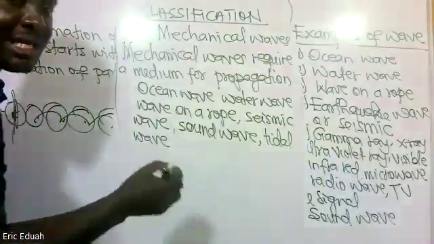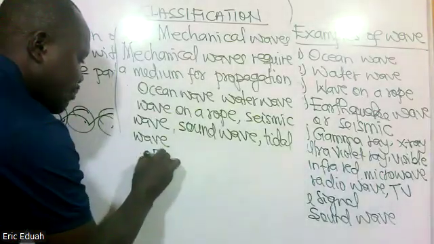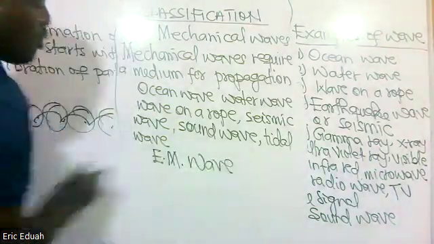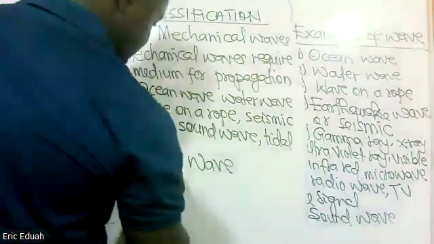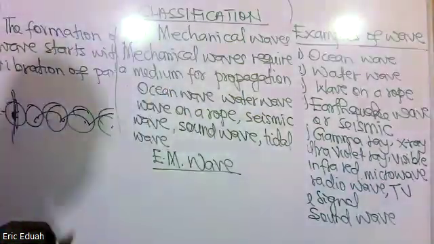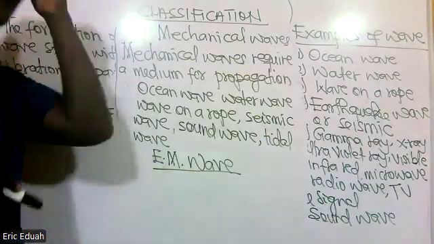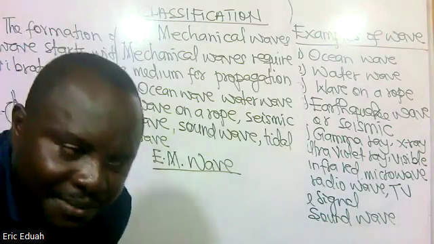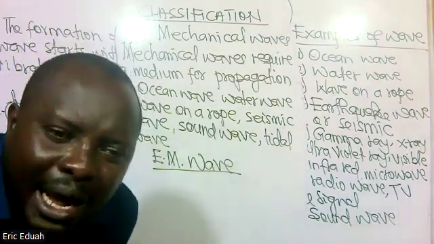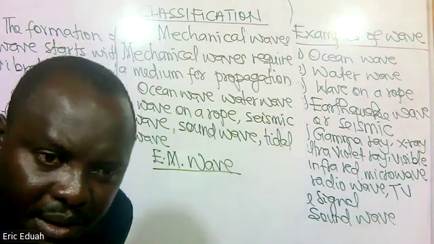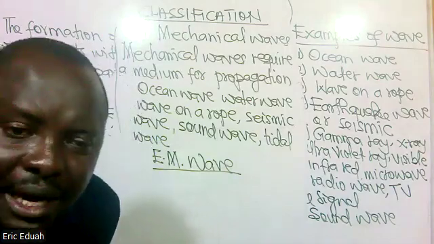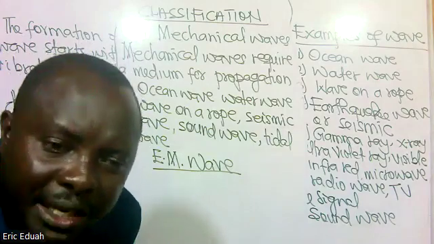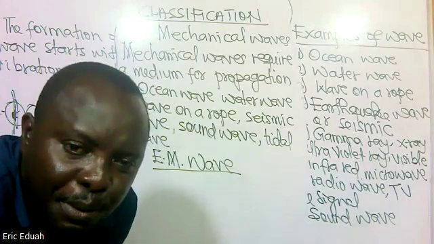Then let's look at electromagnetic waves. Electromagnetic waves are shortened as EM wave. Instead of writing electromagnetic, we shorten them as EM wave. For electromagnetic waves, they do not require any medium. If there is a medium, they can be propagated through the medium. If there is no medium, they can also be propagated.